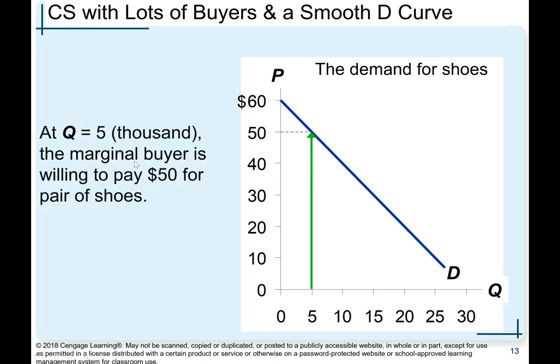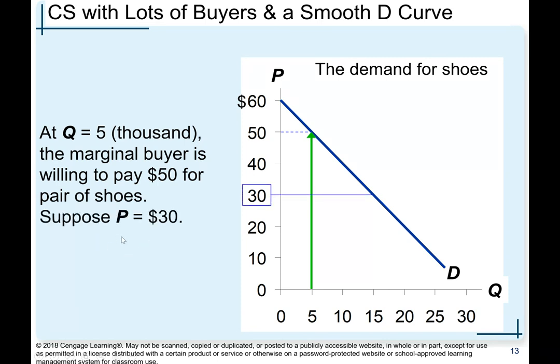At output 5,000, the marginal buyer is willing to pay $50. You go right up to the demand curve and drop the perpendicular on the vertical axis. That is the marginal buyer's willingness to pay, the willingness to pay for a pair of shoes.